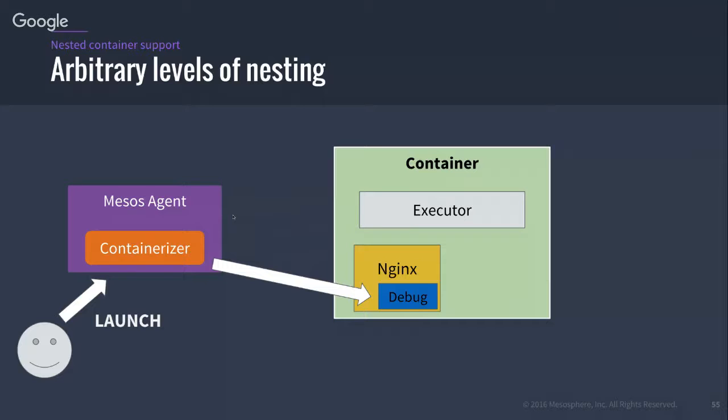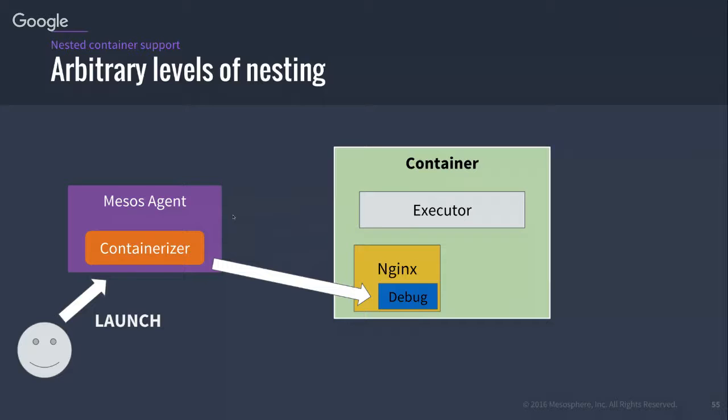Question. In this nested container hierarchy, how would the process hierarchy look? Would the Nginx container also include a kind of containerizer process as PID one? So we're going to have an init process called Mesos containerizer launch, which is going to be PID one inside the PID namespace.